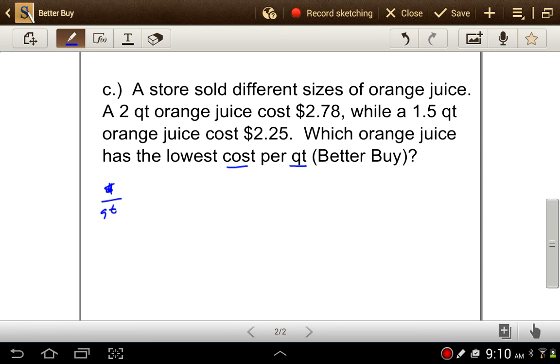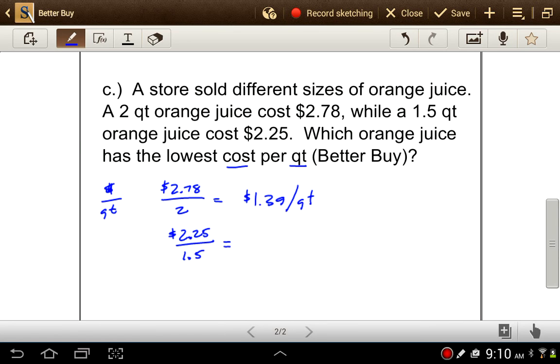So for the first one, the larger one, I'm going to do $2.78 divided by the 2 quarts. When I divide that in my calculator, I'm going to get $1.39 per quart. Okay, for the other one, it's going to be $2.25 divided by 1.5.